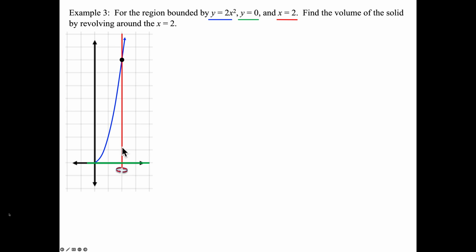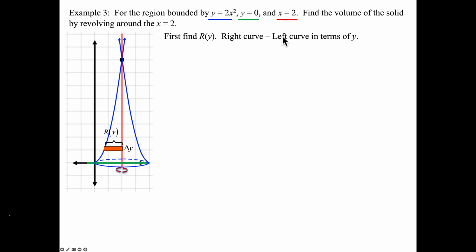So now my radius, or r of y, my reference rectangle, goes from the red line to the blue curve. So for my r of y, I'm going to have to go right curve minus left curve. So again, rotating around the red vertical line, take the blue, flip it over, draw in my circle, and here's my three-dimensional shape.